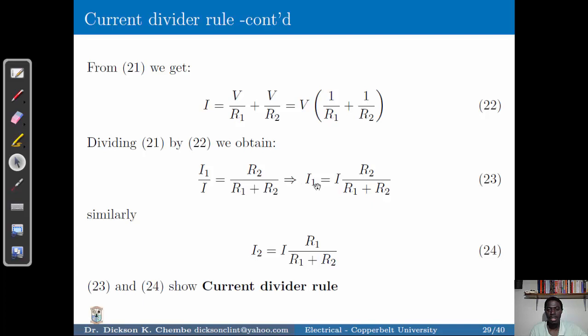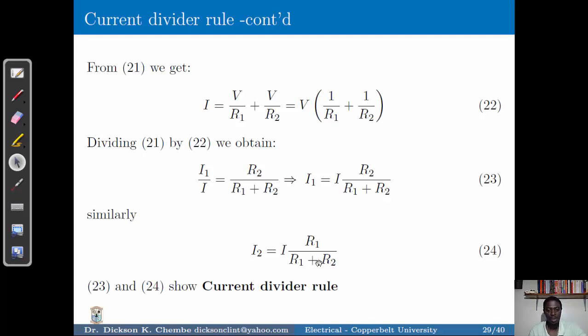And this is going to be equal to the total current multiplied by resistor 2 over the sum of the two resistances. In a similar way, we are able to calculate I2 using the same principle, but in this case we have R1 over the sum of the resistances. So this is the ratio.